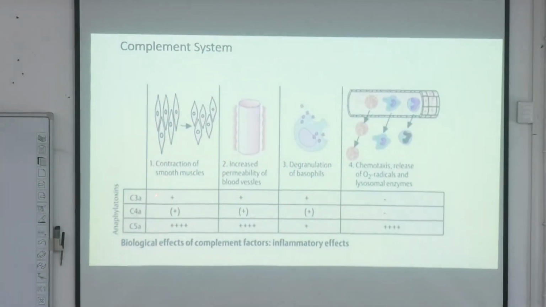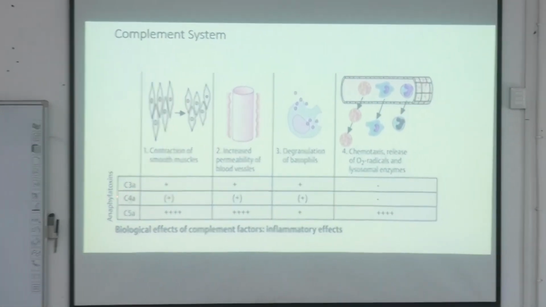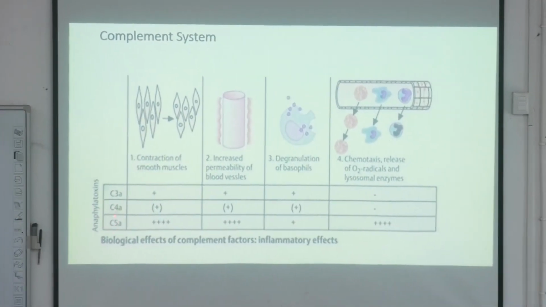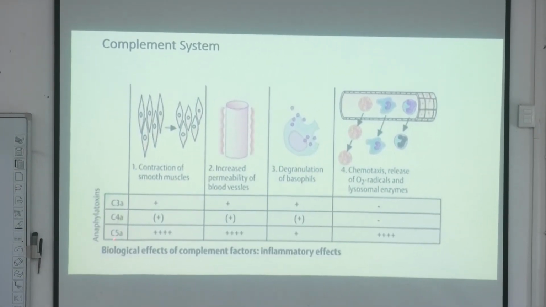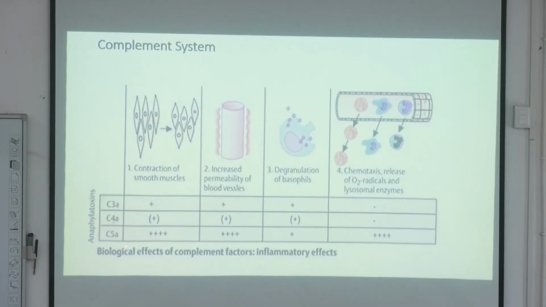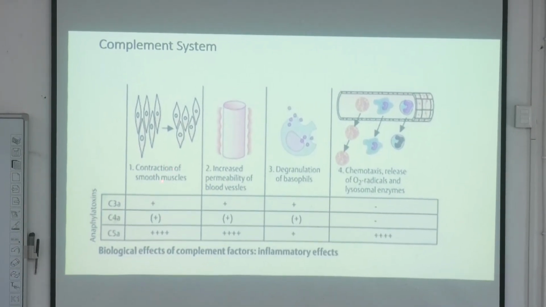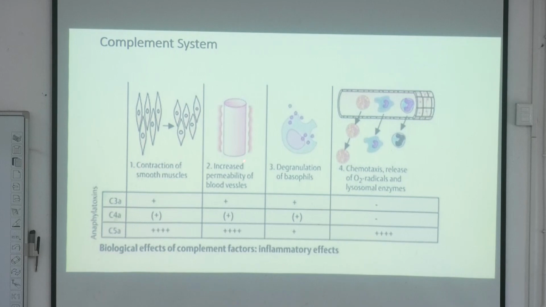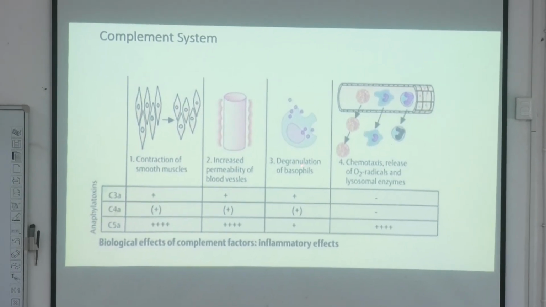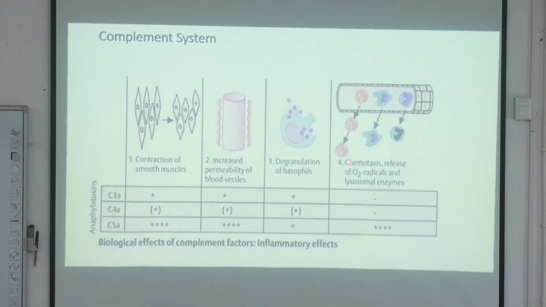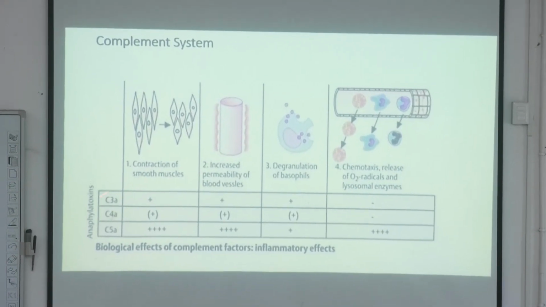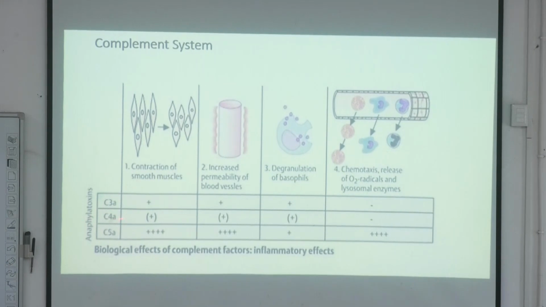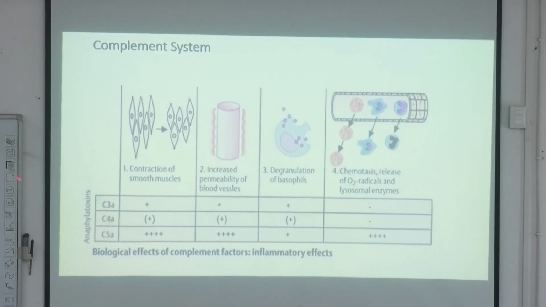These are the byproducts and their effects: C3a, C4a and C5a. Among them, C5a is the master anaphylatoxin, and it has the maximum effect of contraction of smooth muscles, increased permeability of blood vessels, degranulation of basophils, and chemotaxis and release of free oxygen radicals and lysosomal enzymes. So these are the byproducts of complement.